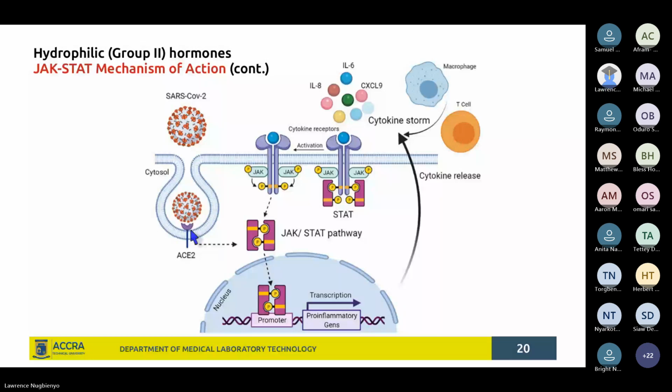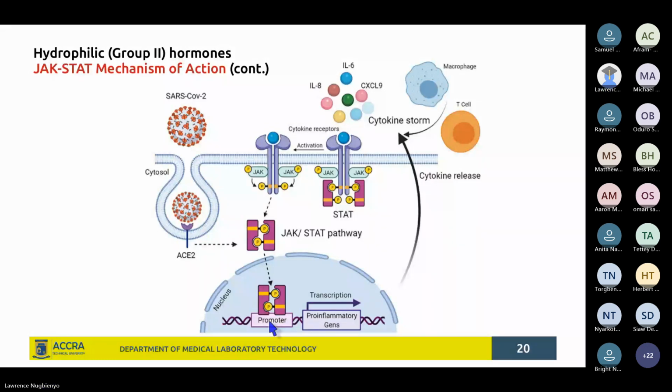stimulates the process of the dissociation of the STAT from that JAK-STAT system. And so you have the dimer of the STAT that binds to a promoter region of a gene.